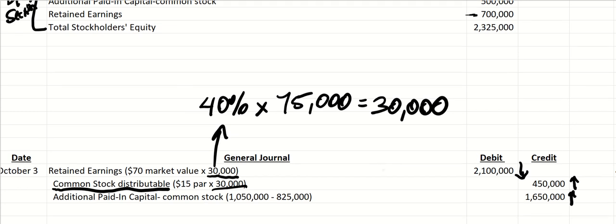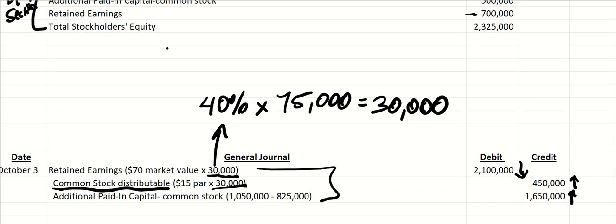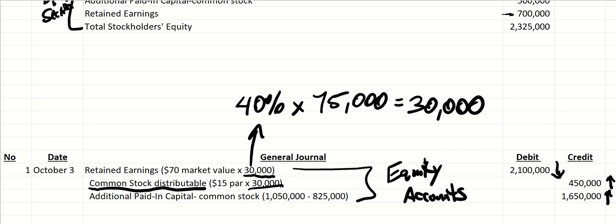Notice that all three of these accounts are equity accounts. This entry is to account for the stock dividend as a declaration. This is the board actually making a declaration. So again, there's no payment being exchanged here. This is only affecting the equity accounts.